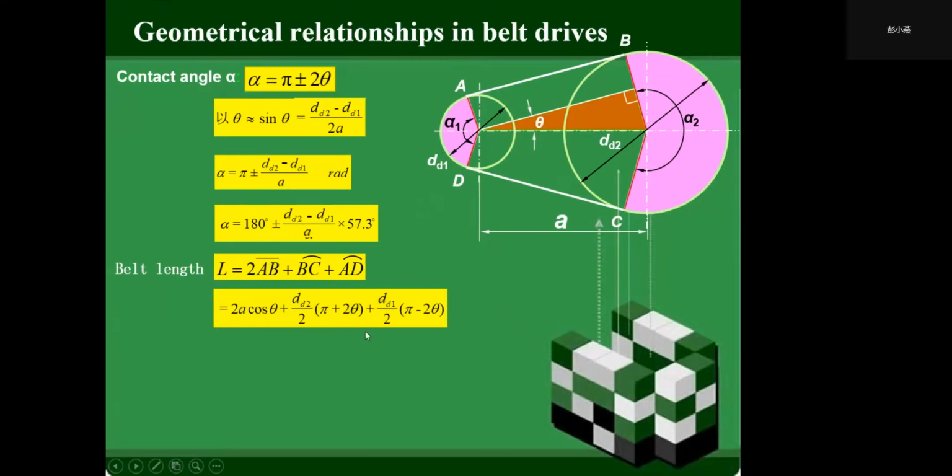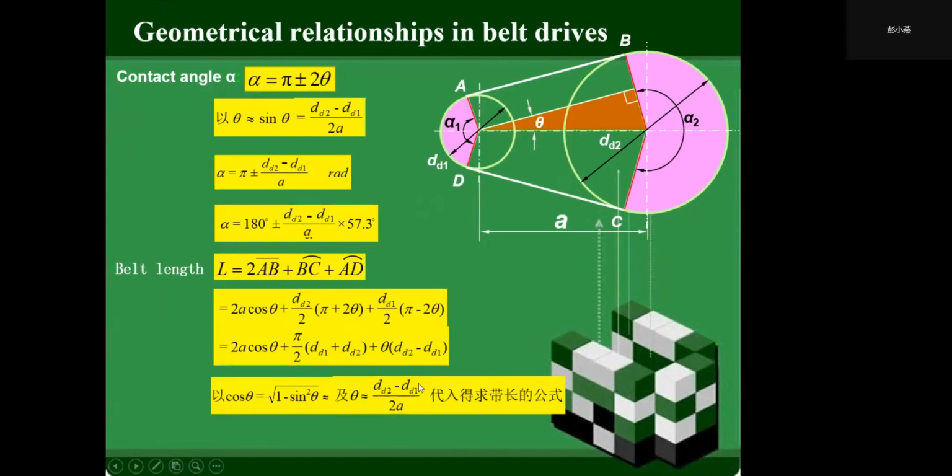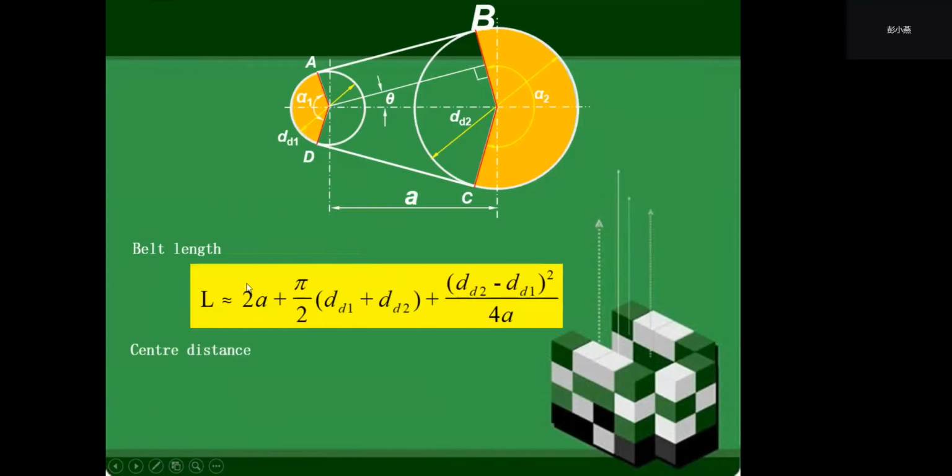And then we can calculate the length of the belt. It's approximately equal to this. a is the distance, and d2 and d1 are the diameters for the driven and driving pulleys.